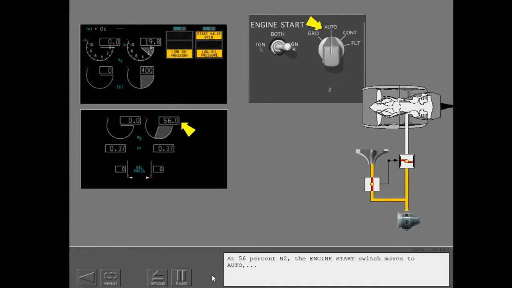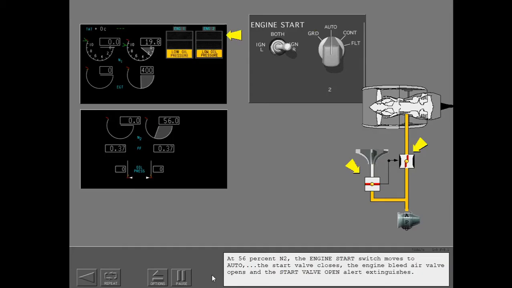At 56% N2, the engine start switch moves to auto. The start valve closes, the engine bleed air valve opens, and the start valve open alert extinguishes.